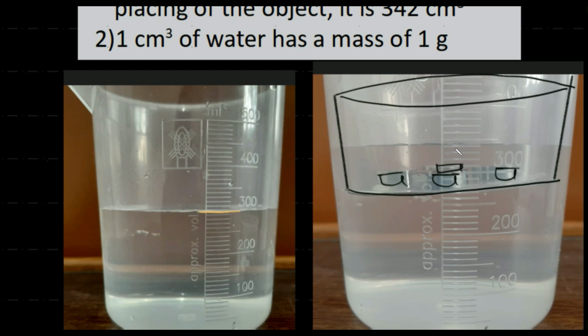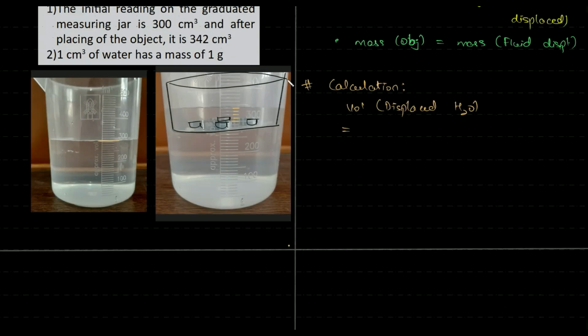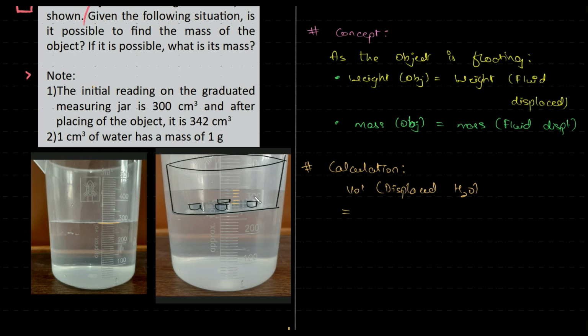After the system is placed, it has risen to 310, 320, 330, 340, and somewhere between 340 and 350. So 345 is also okay, but I just took it as 342. So 342 centimeter cube minus 300 is 42 centimeter cube. Okay guys, that is the volume.